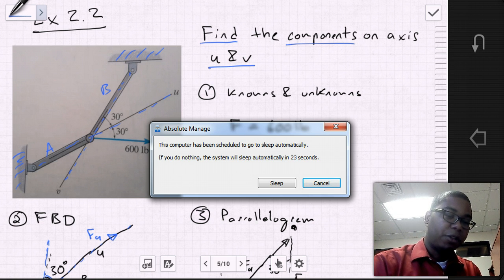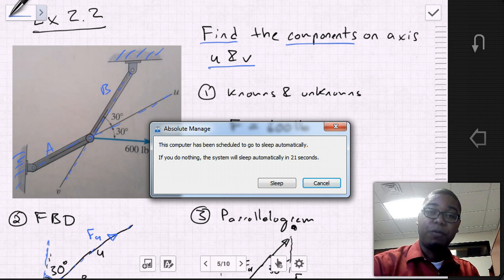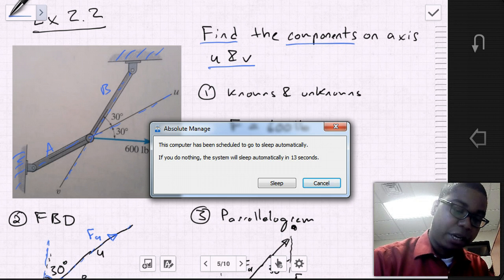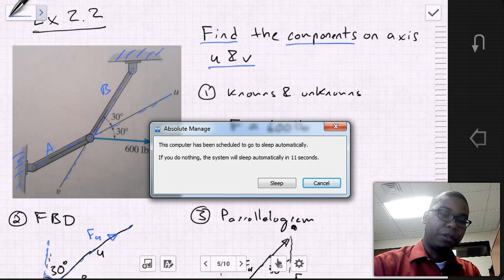Okay? So let's go ahead and do the first step, which is determining our knowns and our unknowns. Our known is the magnitude as well as the direction of the force resultant, which is 600 pounds. Our unknowns are the component forces, so force U and force V.